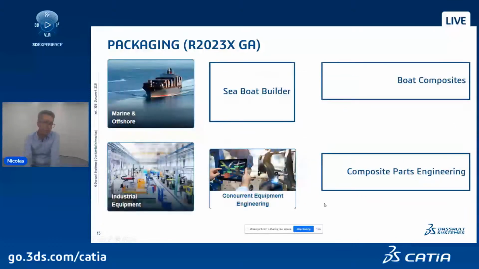You'll find it also in the marine and offshore boat composite industry process experience, and in industrial equipment in the composite parts engineering industry process experience. That's for the beginning. That's to cover also the main industries where we see great value with this role.